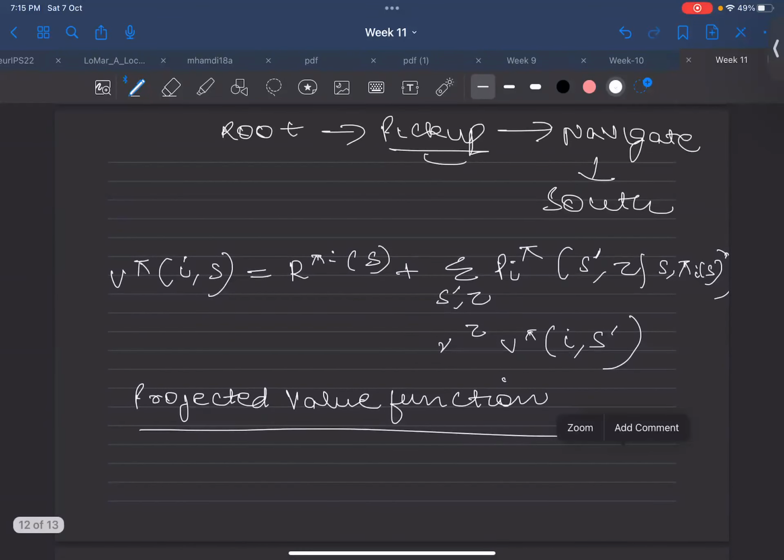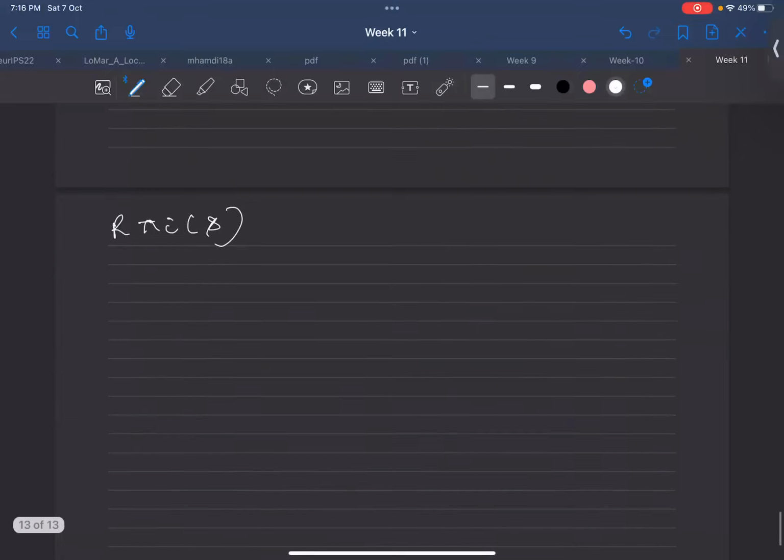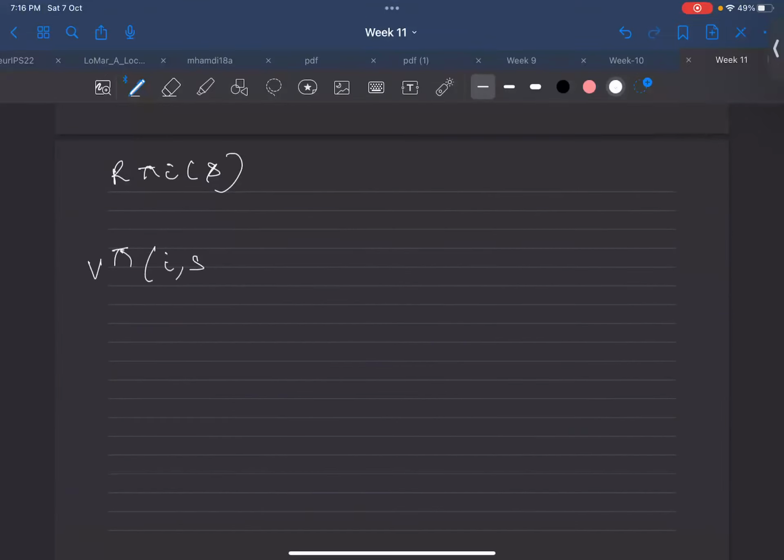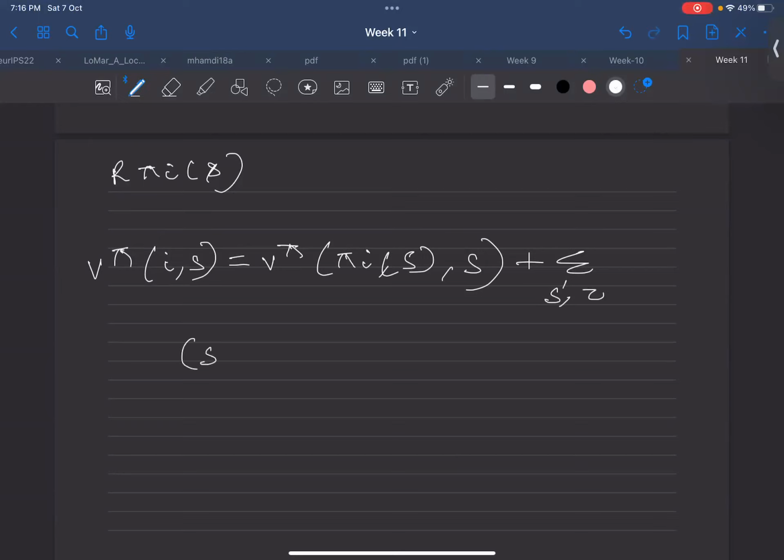Now, coming to what is left in this equation, I'll write this again. Let's keep it as this one.